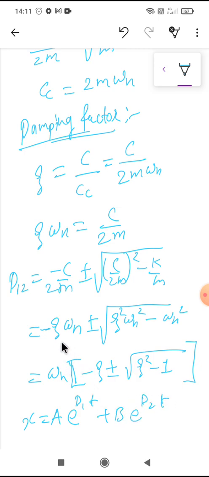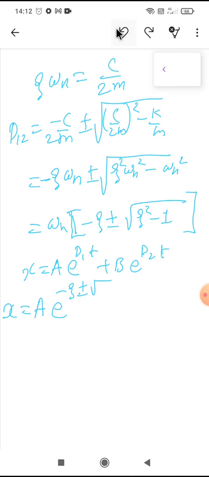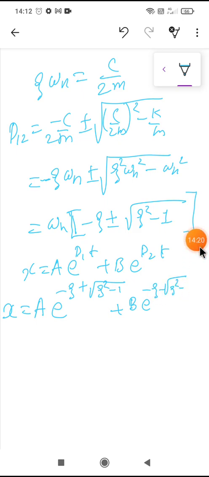If I replace the values of d here, the general solution will be x is equal to a e raised to minus zeta plus the square root of zeta square minus 1, taking the plus first, plus b e raised to minus zeta minus the square root of zeta square minus 1, each multiplied by omega n t. So this is our general solution.